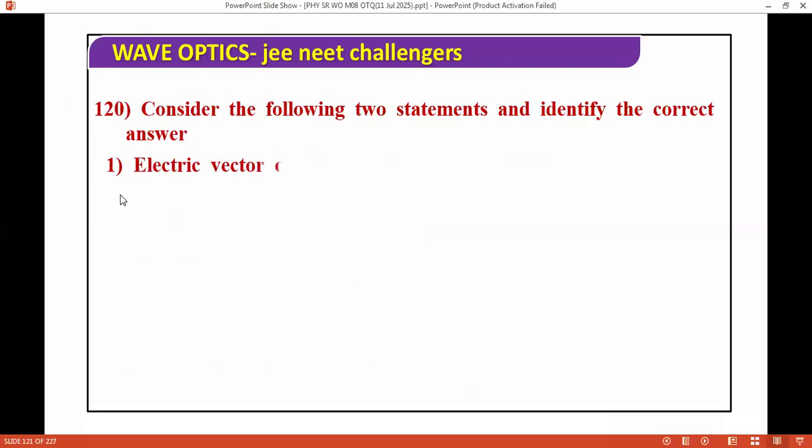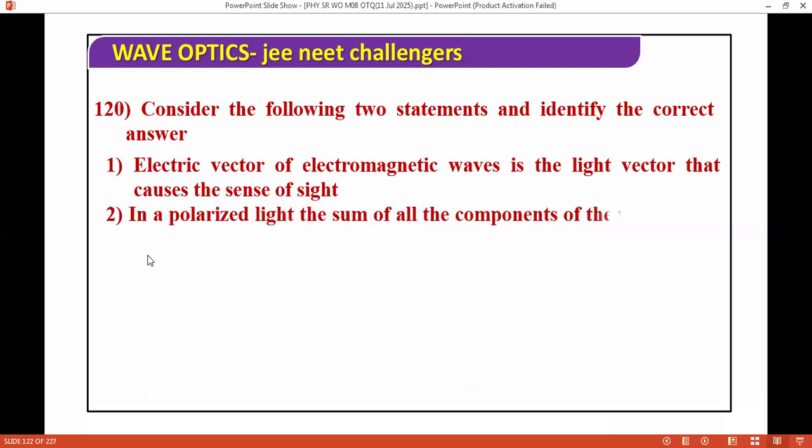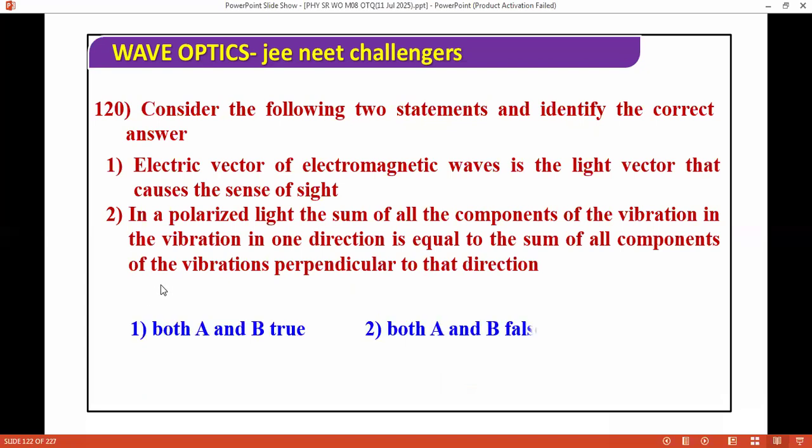Consider the following two statements and identify the correct answer. A: the electric vector of an electromagnetic wave is the light vector that causes the sense of sight. B: in polarized light, the sum of all the components of vibration in one direction is equal to the sum of all the components of the vibration perpendicular to that direction. Both A and B true, A and B false, A is true and B is false, or A is false and B is true.